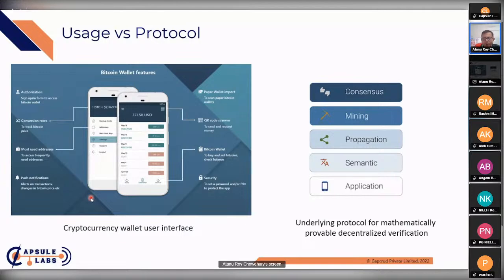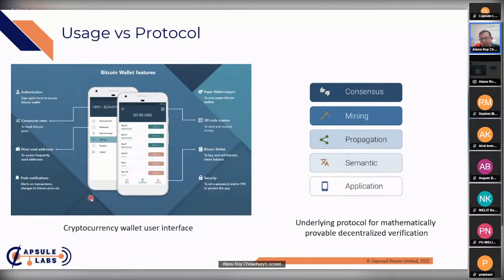You have mobile apps from which you can implement all these wallets and ticketing systems and transaction systems. This is the viewing interface, but it is the underlying infrastructure layers where the blockchain protocols are going to come in. This is the underlying protocol for mathematically provable decentralized verification. So this is where the consensus, the mining, the propagation, the semantics of the application are of the protocol are really coming in.